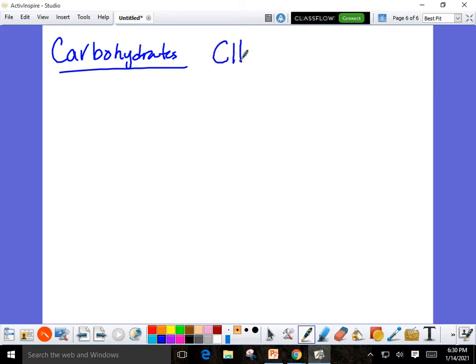All right, so let's talk about the first macromolecule. Carbohydrates. Sugar, starch, stuff like that. All right, so carbohydrates have a general chemical formula of CH2O with an n.